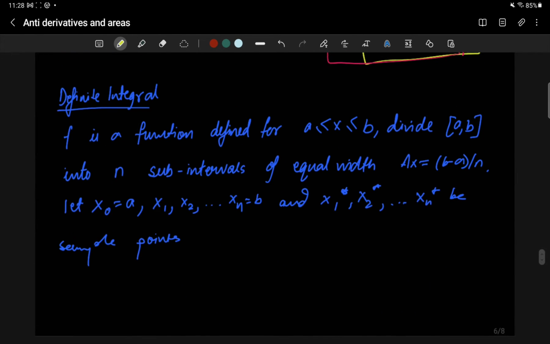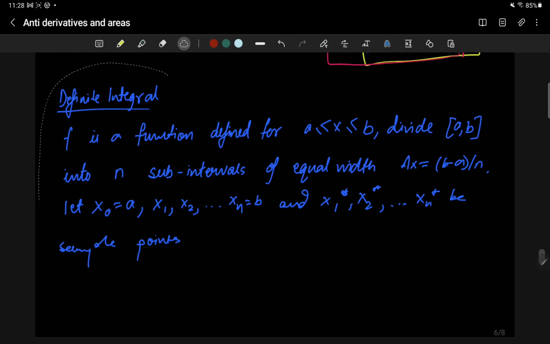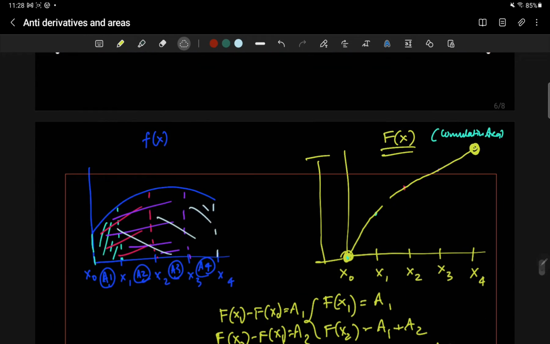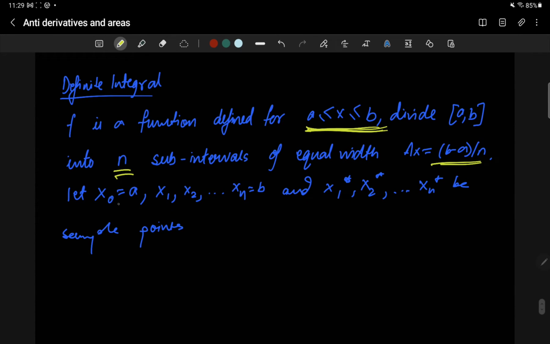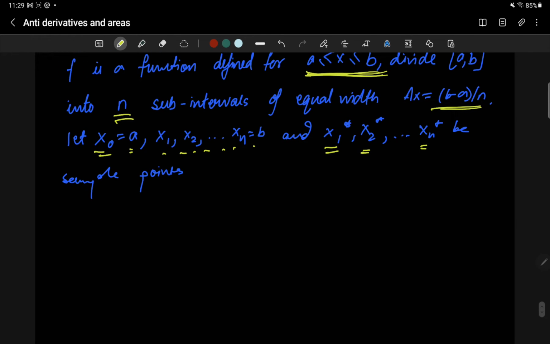So here's the definition. Let's see what the definition says. If f is a function which is defined for x between a and b, we take that interval and divide it into n subintervals of equal width, b minus a over n. We let x0 be the starting point, and then we have this bunch of other points, and we let x1 star, x2 star, through xn star be sample points.